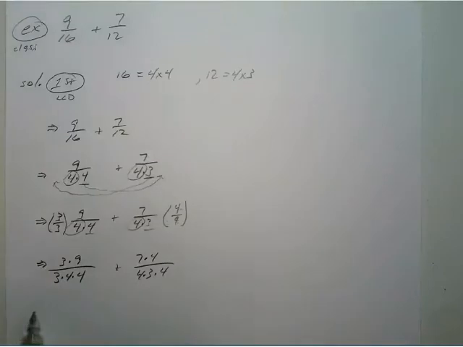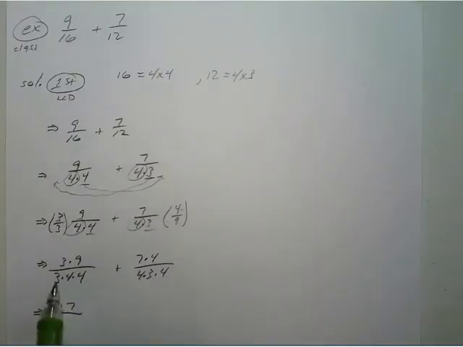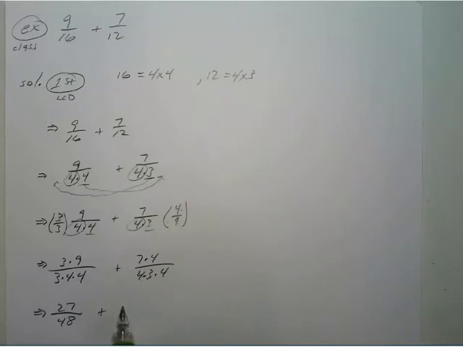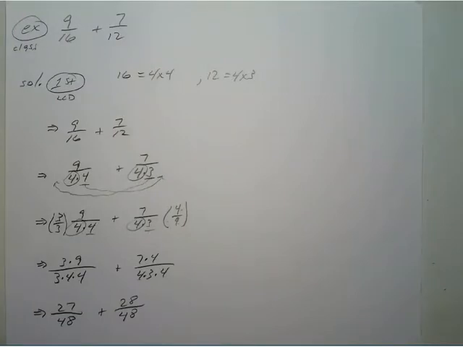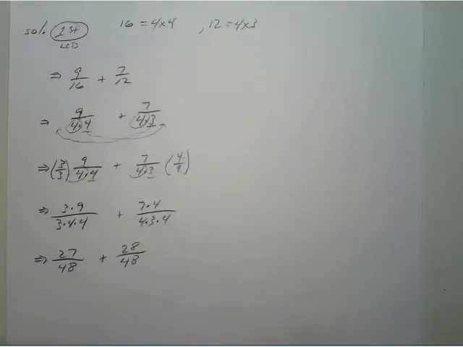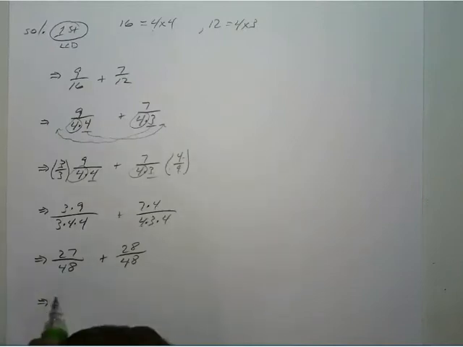Okay, so that gives us 3 times 9 is 27 over 3 times 4 times 4, which is 48, plus 7 times 4 is 28 over 4 times 3 times 4, which again is 48. Okay, so we have our same denominator, so we just add our numerators.